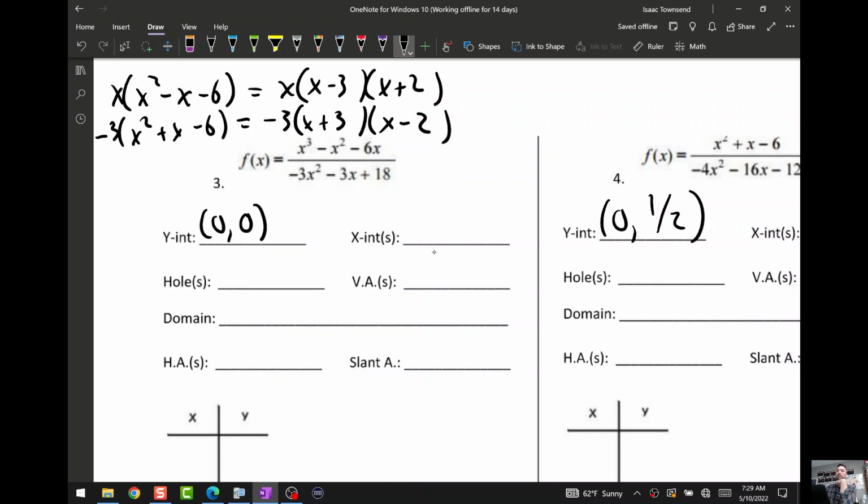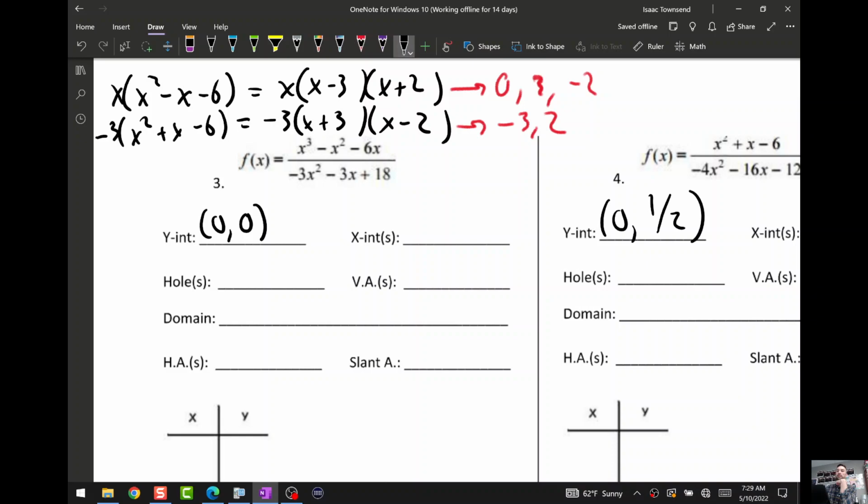Now, you don't need to factor as quickly as me, but you guys will get plenty of factoring practice with these next class. But I did all of that to figure out the numerator equals 0 at 0, 3, and negative 2. And then the denominator, negative 3 never equals 0, so that's not 1. X equals 0 at 0, so that's why it counts. Negative 3 and 2.